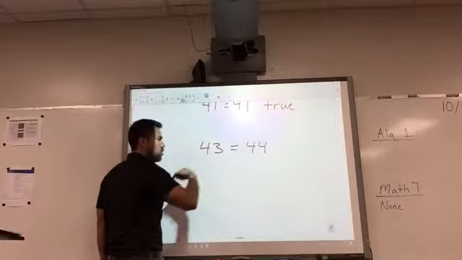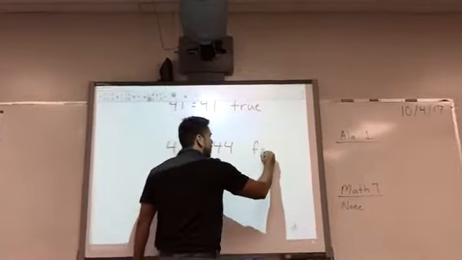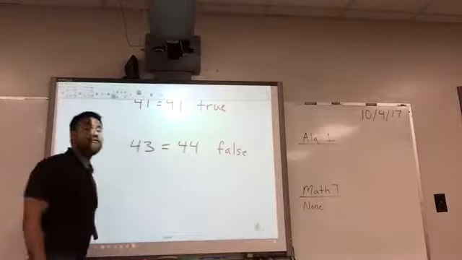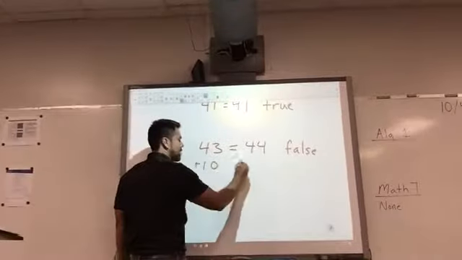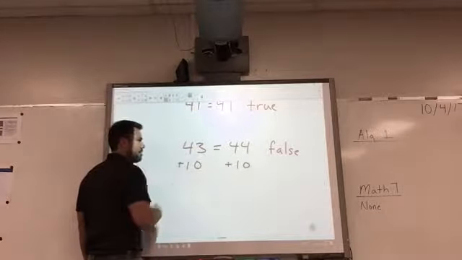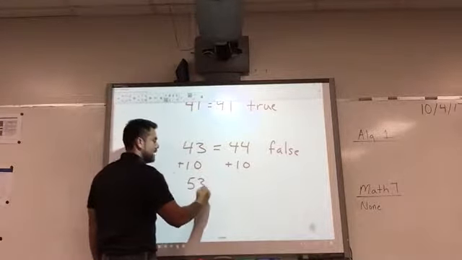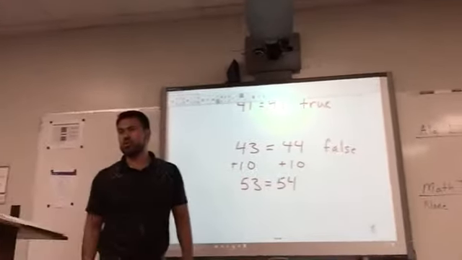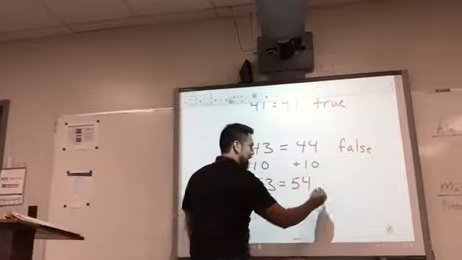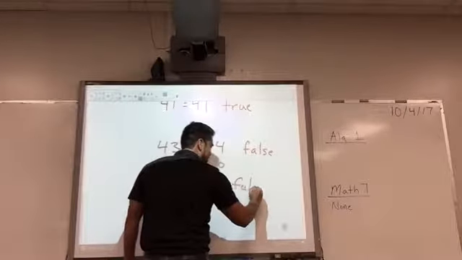Is this true? It is false. But what if I add 10 to both sides? What do I get? Plus 10 and plus 10. What do I get? 53 equals 54. Did I change it from false to true? No, it is still false.